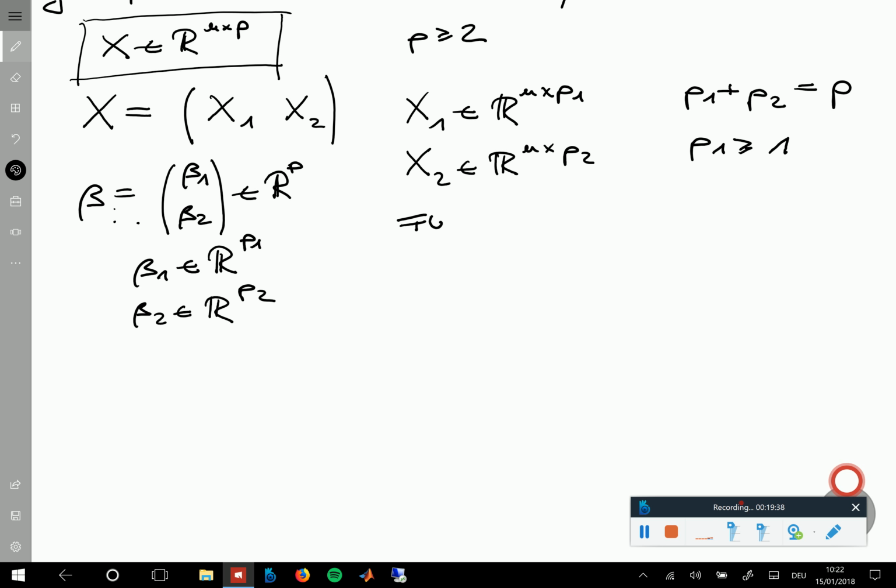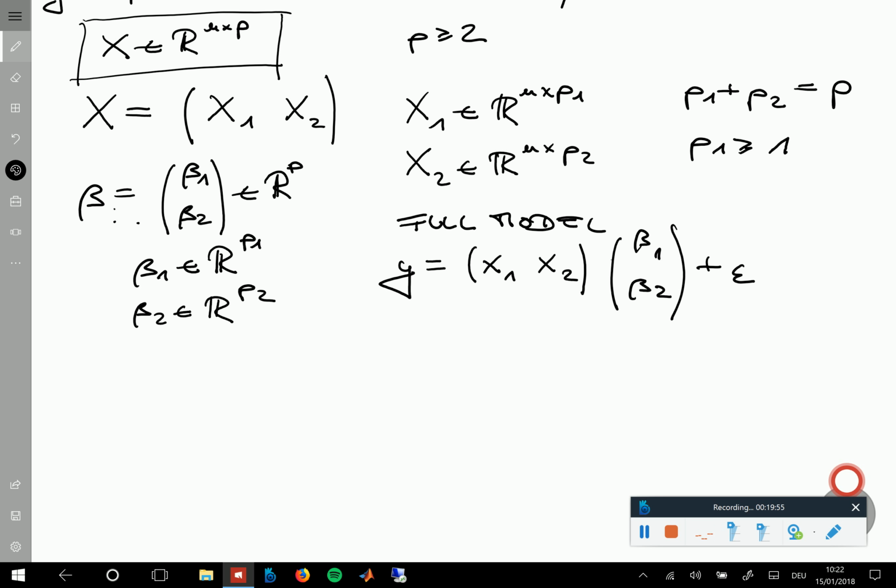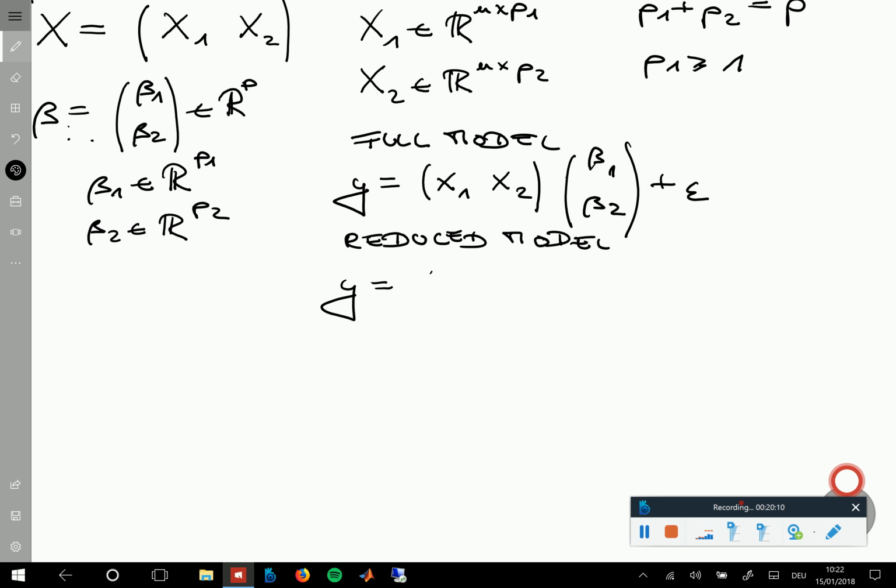Let's call one the full model. So the full model is just y equals X1, X2, times beta 1, beta 2, plus epsilon, and a reduced model is using just X1, just the beta parameters that belong to the design matrix X1, and everything else remains the same.